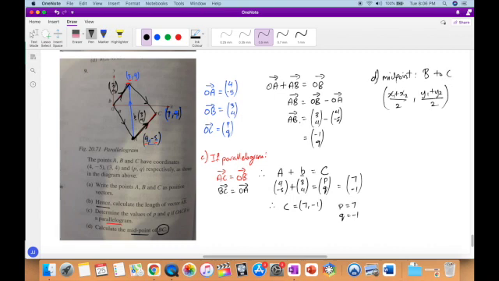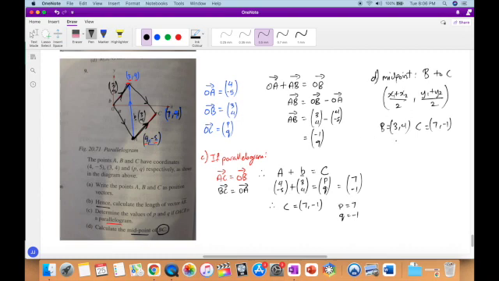So B being the point 3, 4, and C being the point 7, -1. So I could just plug those into my midpoint formula.